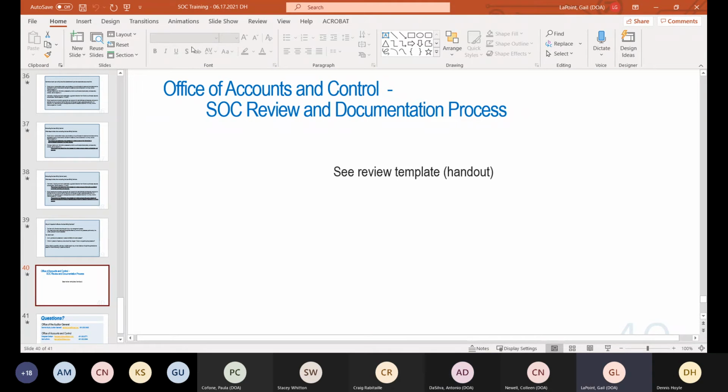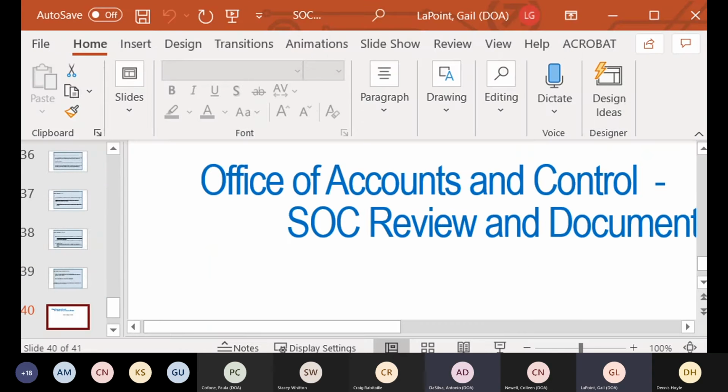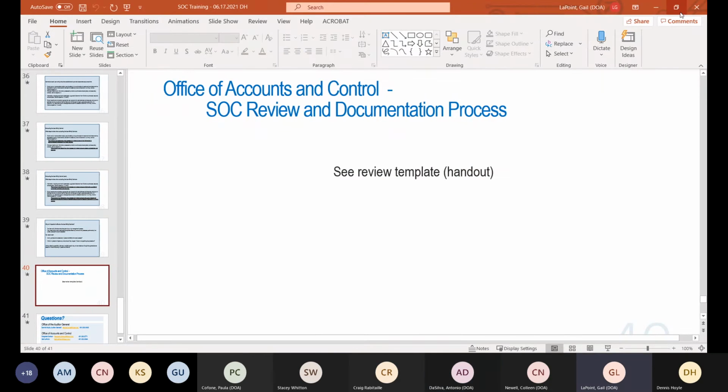I will send everybody their own template, but for now, we can look at what we have here. This is a checklist that everybody will be using.